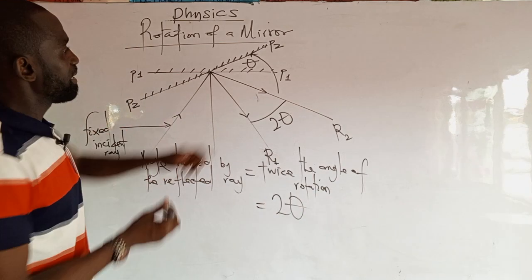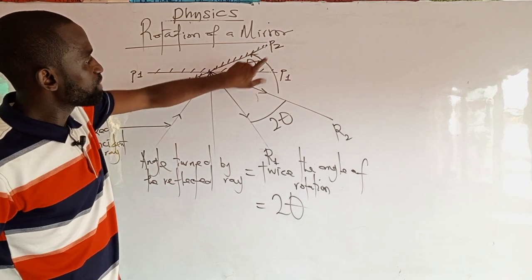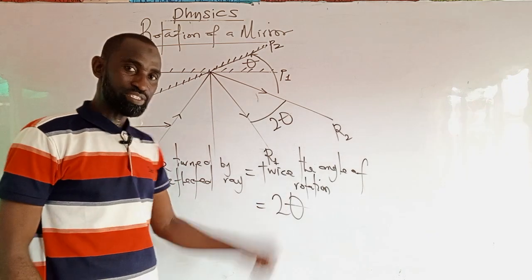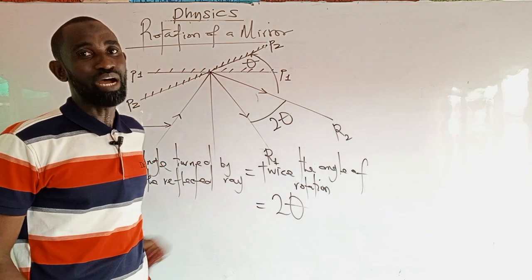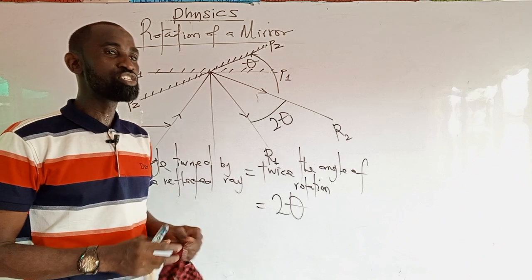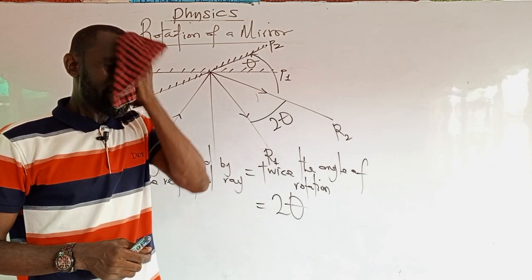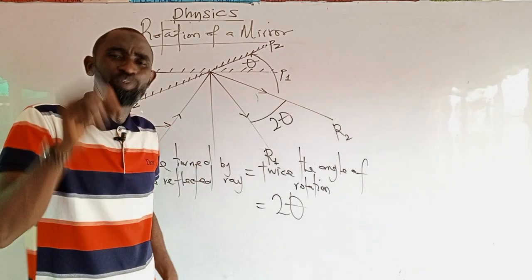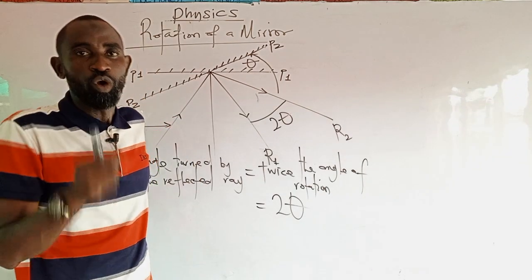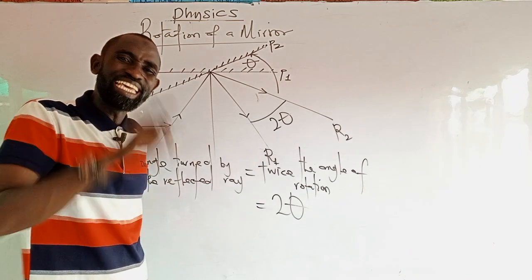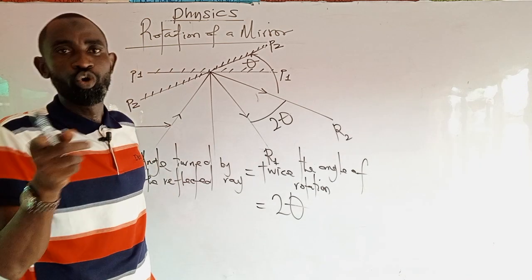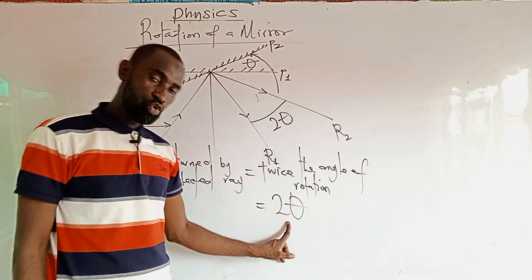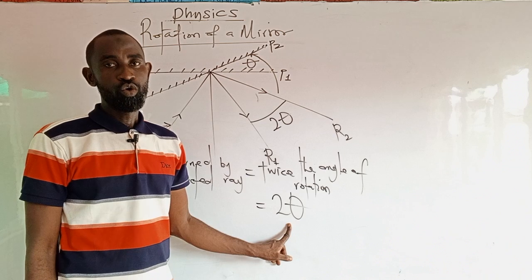If the angle of rotation of the mirror is 40, the angle that the reflected ray will turn through is 2 times 40, which is 80 degrees. So whenever a mirror is rotated through an angle theta, the reflected ray is rotated through twice the angle of rotation.